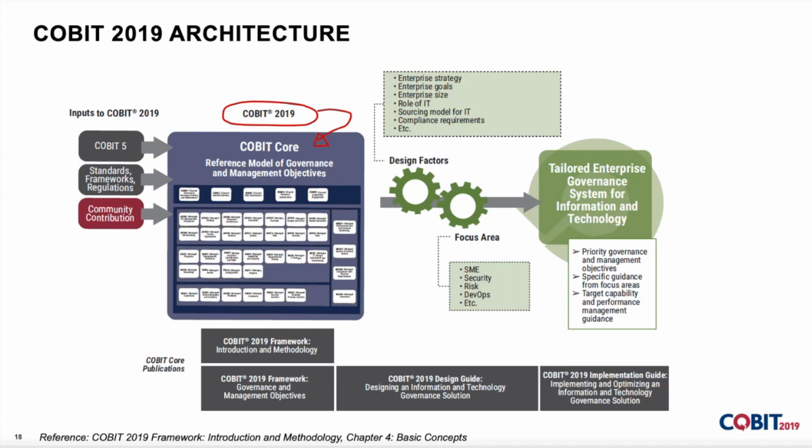All of the input to the current framework is what you see on the left-hand side: previous versions like COBIT 5, but even COBIT 4.1, other standards and regulatory requirements, like the ISO 27000 standards that we already discussed, but also white papers, peer reviews, and contributions from individual community members. That is the core of COBIT.